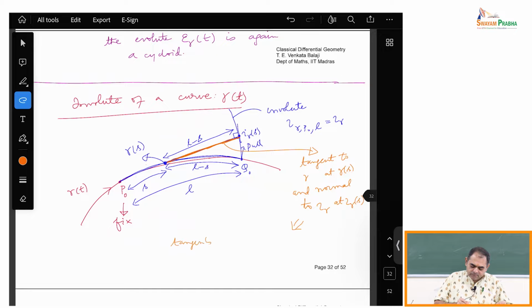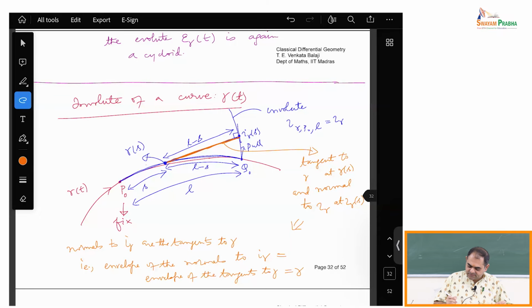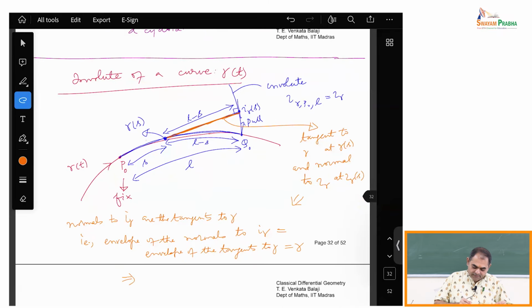Normals to I gamma are the tangents to gamma, that is, the envelope of the normals to I gamma is equal to the envelope of the tangents to gamma, and what is that? That is gamma itself. So this implies that the evolute of I gamma is gamma itself.